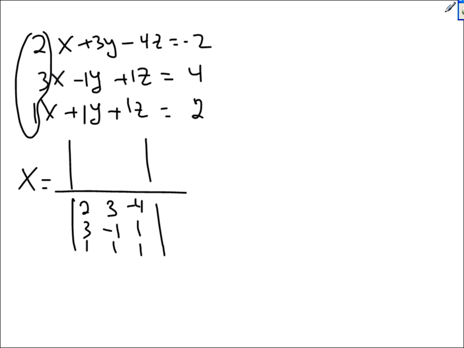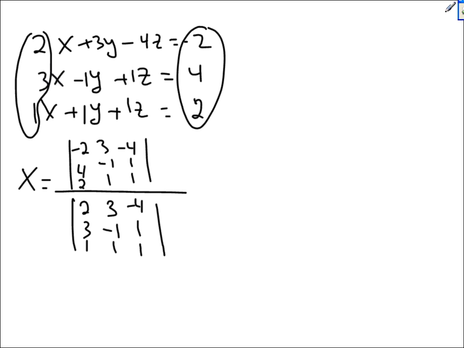The top is going to be the same with the same exception as before. You want to solve for x, so the x column, the first column, is wrong. You use these numbers, negative 2, 4, and 2.